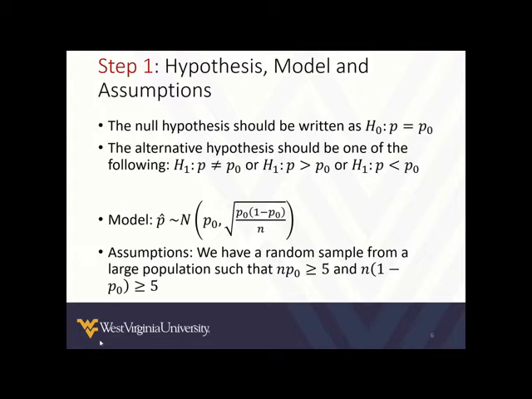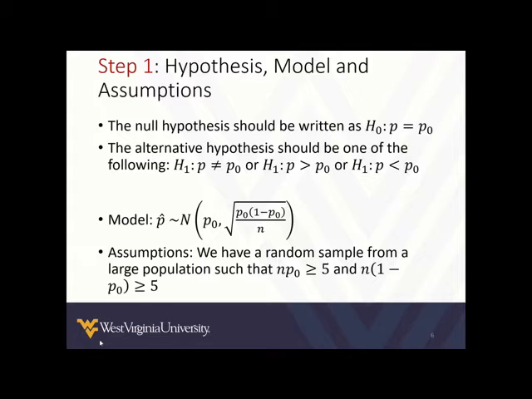The alternative hypothesis, similar to what we did in our previous hypothesis tests, has three options based on doing a one-sided or a two-sided test. If it's two-sided, it's P not equal to P naught, or if it's one-sided, it's P greater than P naught or P less than P naught. And again, you shouldn't be writing P naught, you need to be writing the actual value itself.